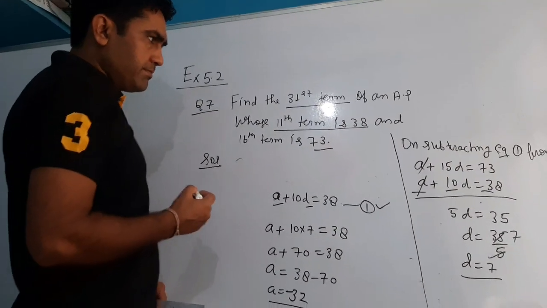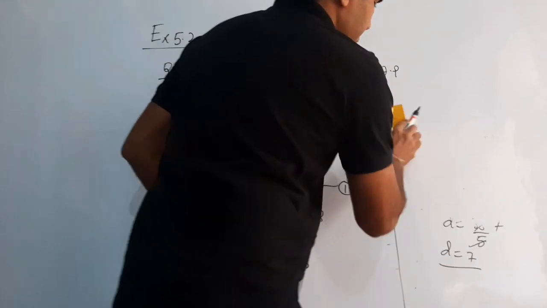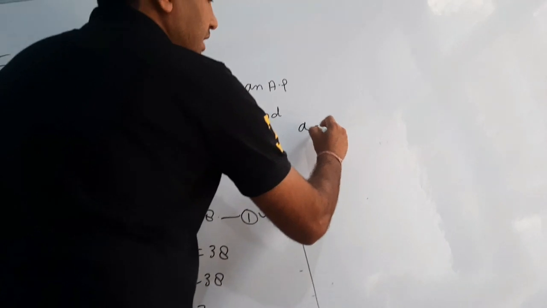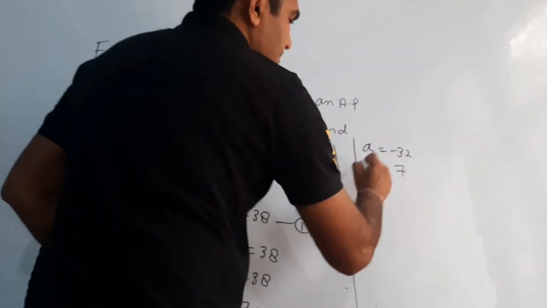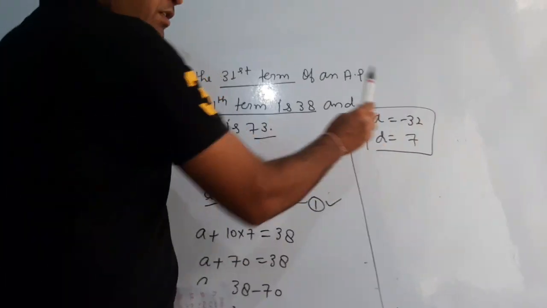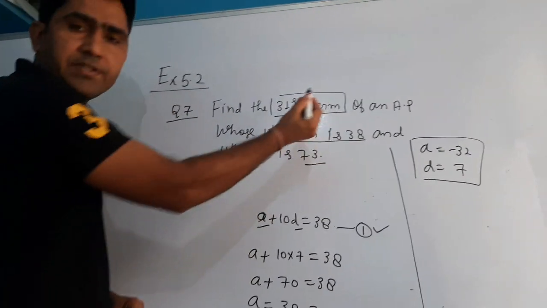We got A equal to minus 32 and D equal to 7. Now we have to find out the 31st term of this AP.